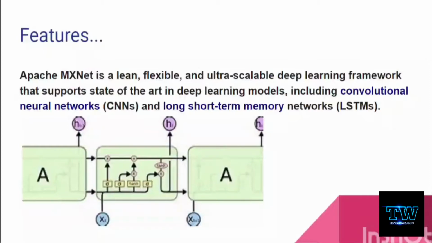So the model will keep on training, going through each and every step, and it will provide output that is very accurate, because of this big process done in LSTM.